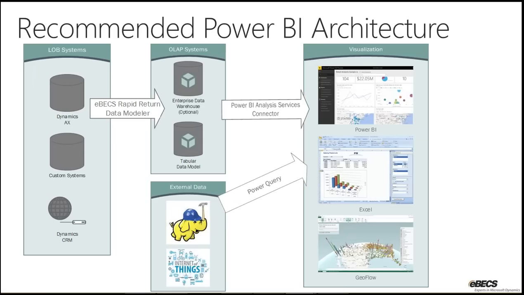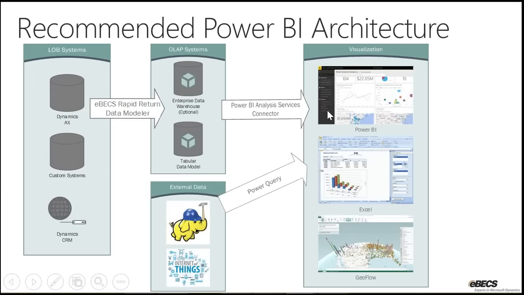And that's been the missing link: A, how do I get data out of Dynamics AX? B, how do I get around the 10 gigabyte limitation in Power BI? And that's where our Rapid Return Data Modeler, as well as your on-premise or in Microsoft Azure server, tabular data model comes into play.